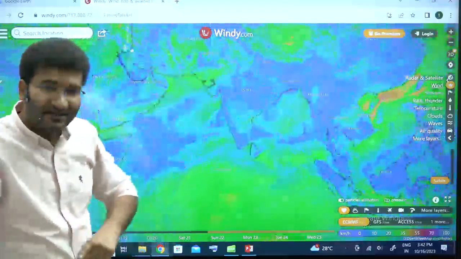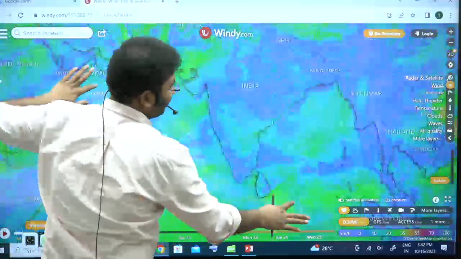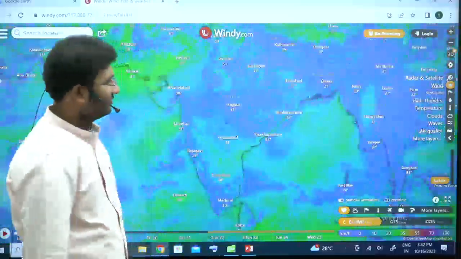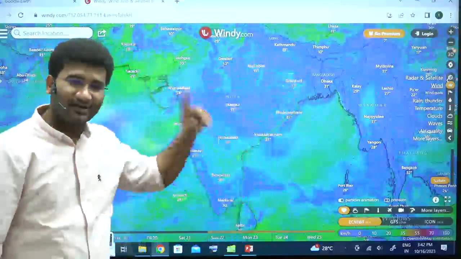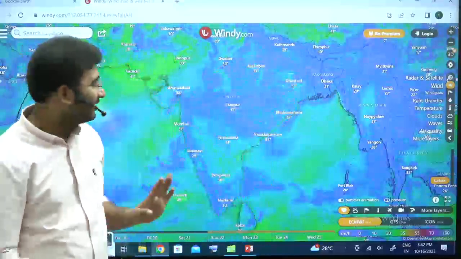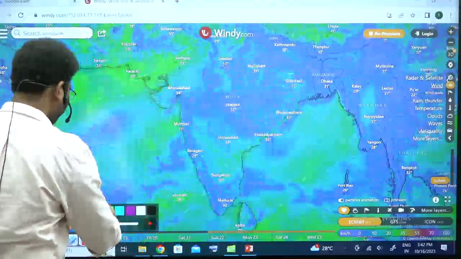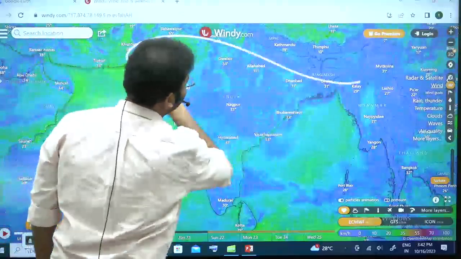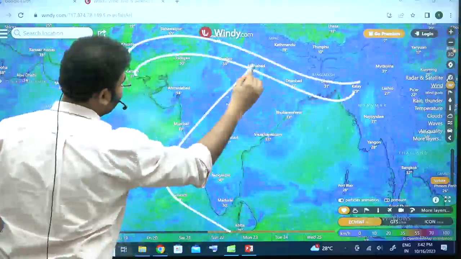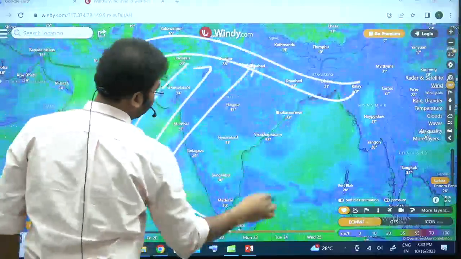But लेकिन आज का system देखो, the winds are now moving towards south. याद है हमारा जो wind system during the months of June, July, there was ITCZ zone here and the winds were moving in this direction.